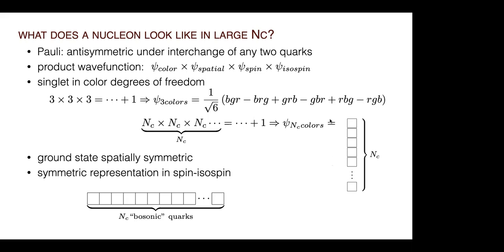And what's nice is that once that is taken care of, it can kind of be removed from, this is going to be the ground state. So I'm going to be thinking about spatial wave functions that are symmetric under this interchange. And so the color degree of freedom has fixed for me this anti-symmetry.